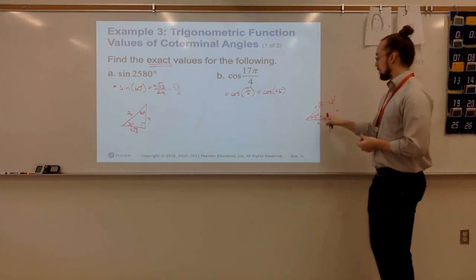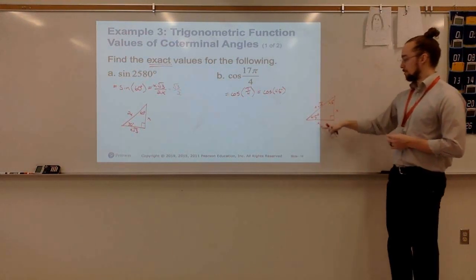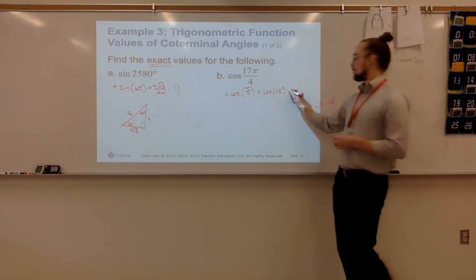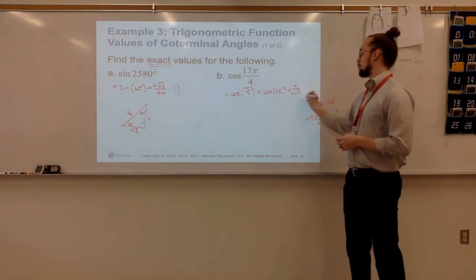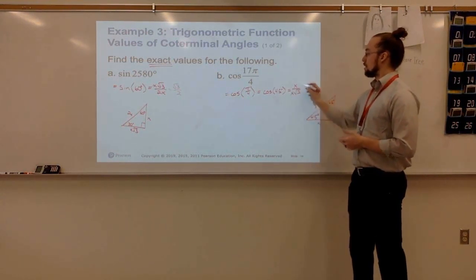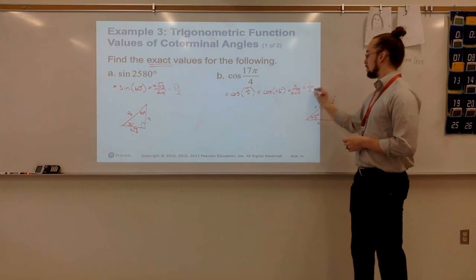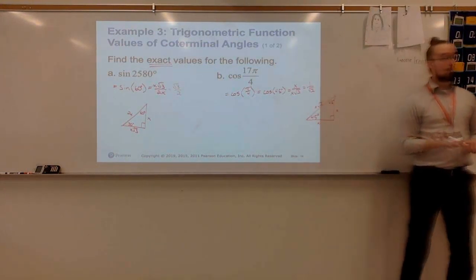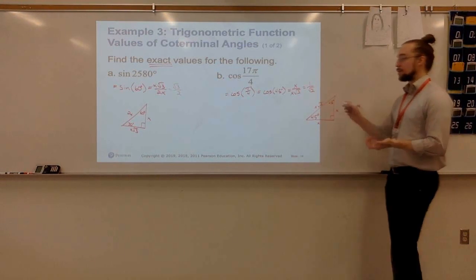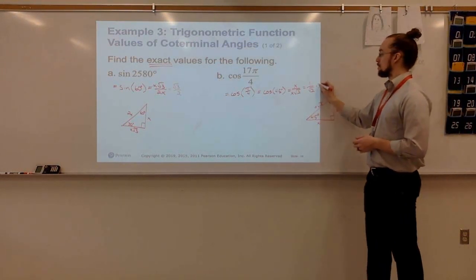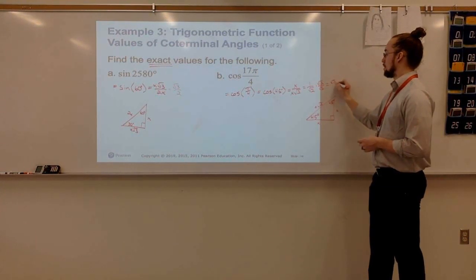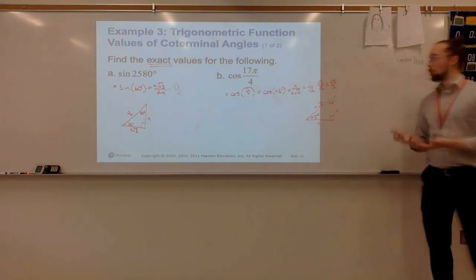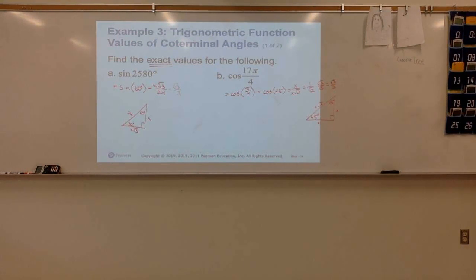So the cosine of 45 is adjacent over hypotenuse. That would be x over x times the square root of 2. The x's would cancel. We have 1 over the square root of 2. We would need to rationalize though, so square root of 2 over square root of 2. Cosine of pi over 4 is the square root of 2 over 2.